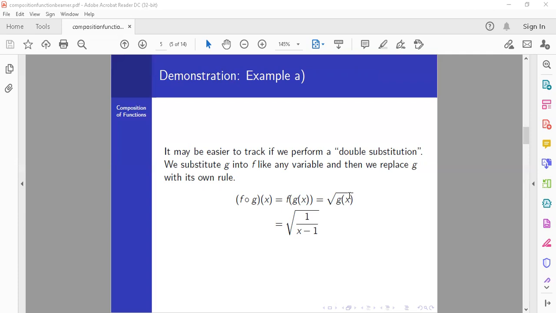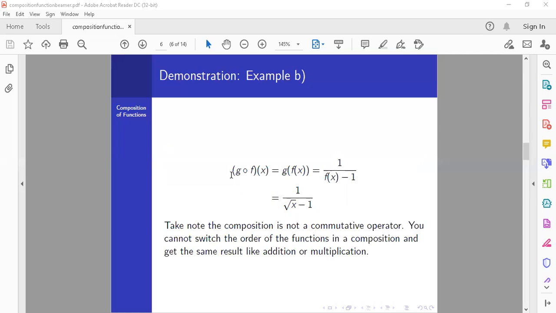And then I go ahead and say, but the g rule is 1 over x minus 1. So I make a substitution for that rule, and I get the result of the square root of 1 divided by x minus 1. So here's what I mean by a double substitution. Treat g like a variable when you put it into f, and then replace every g with its own rule.